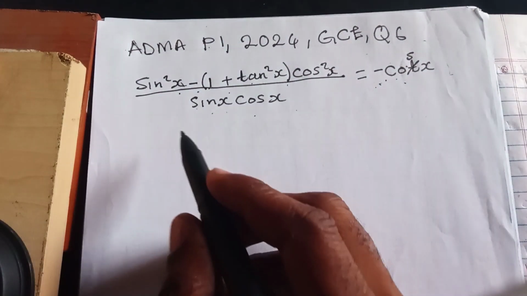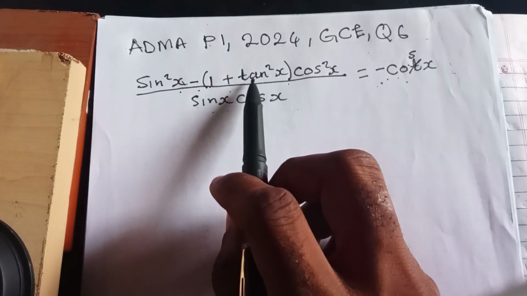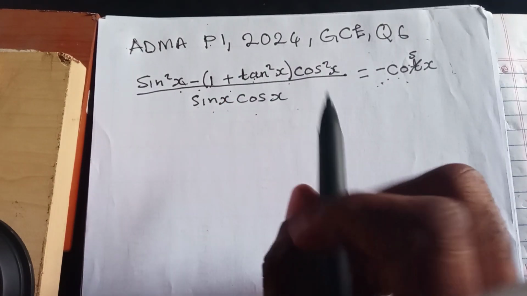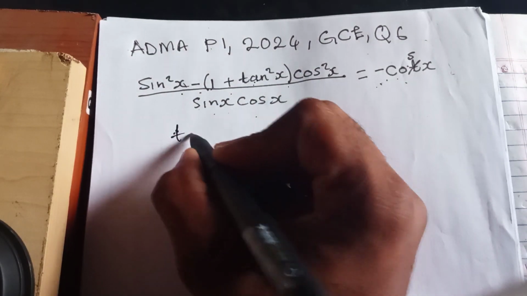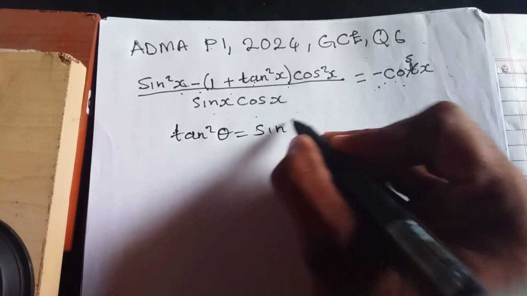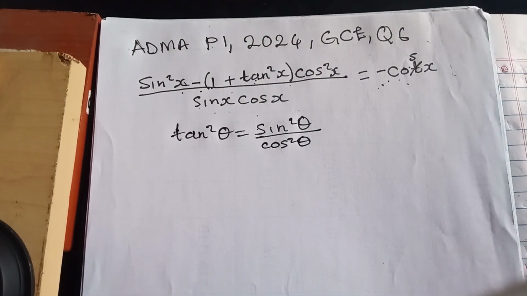Okay, so to prove this identity, we can start by changing this one. We know that tan²θ is the same as sin²θ over cos²θ, like this.